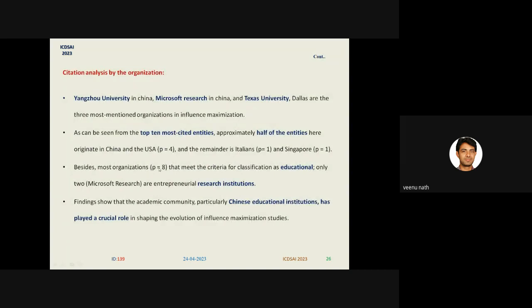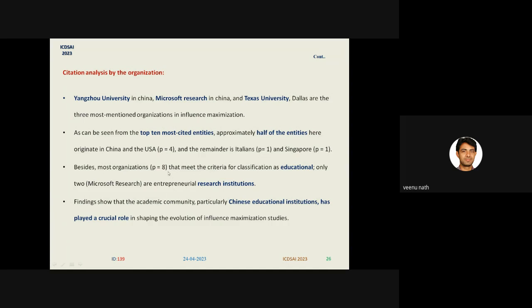From that data, we conclude the top 10 most cited entities, where P represents the number of institutions. Most of the countries are China and the USA, and then Italy and Singapore. Most of the organizations are educational institutions and research institutions.